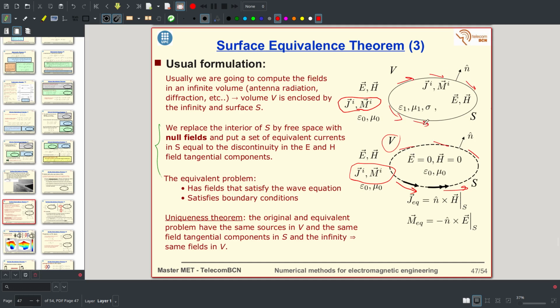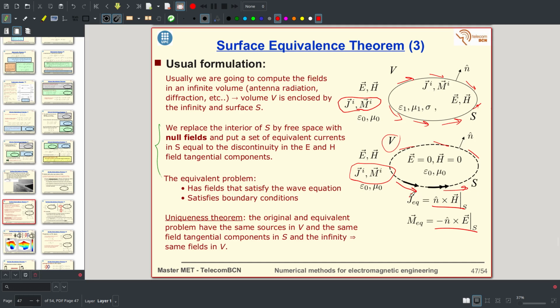The tangential components of electric and magnetic field are the same as in the original problem, because in fact, in the outside of S, the fields are the same.